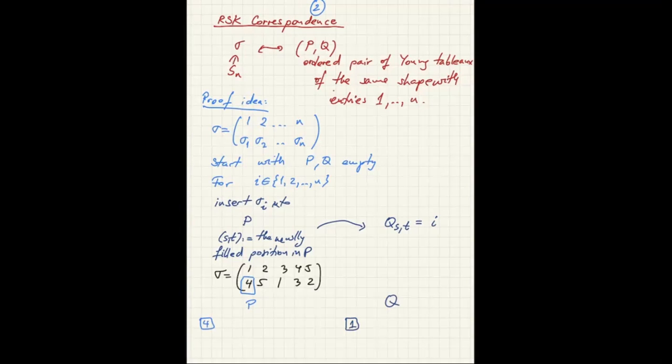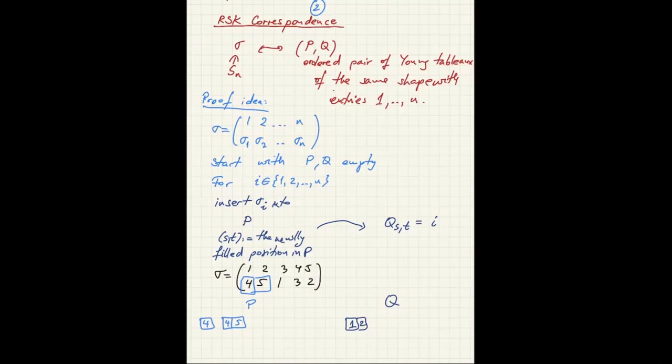Then the next element coming along in the second row is going to be 5. So now 5 goes here. So from 4 we get this new tableau 4, 5, and so the new position is position 1, 2, and that's where we add the 2, which sits above the 5.